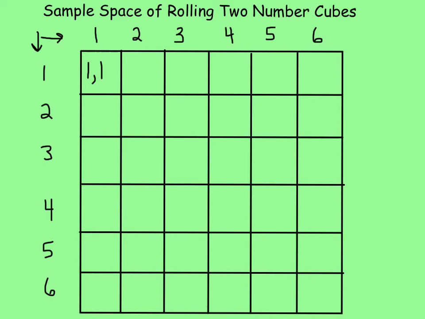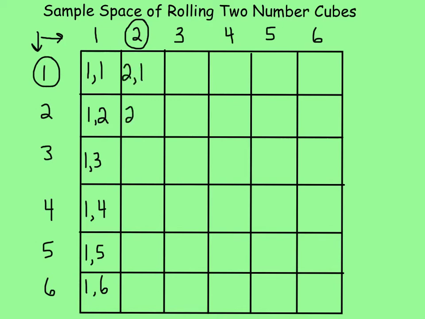Another possible outcome could be to get a 1 and then a 2. Another possible outcome would be 1 and 3, 1 and 4, 1 and 5, and 1 and 6. Hopefully you see where I'm going with this. Go ahead and fill in your chart. The next row would be rolling a 2 followed by a 1, then a 2, 2, 2, 3.